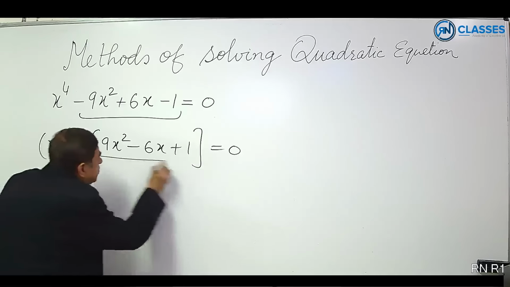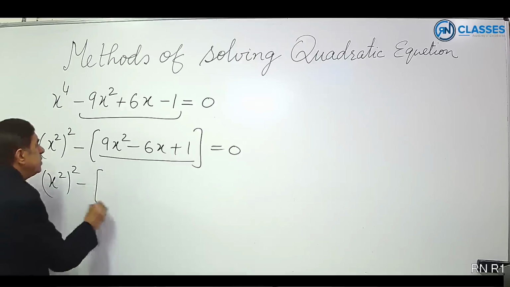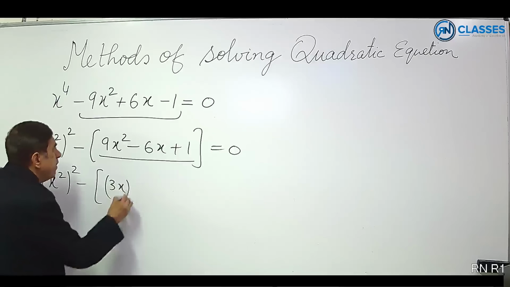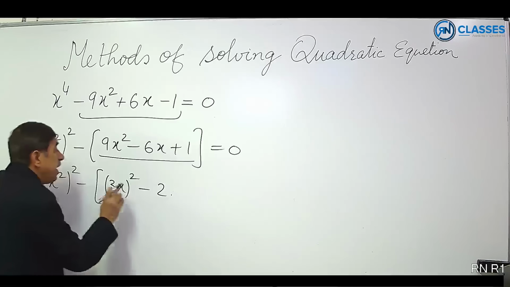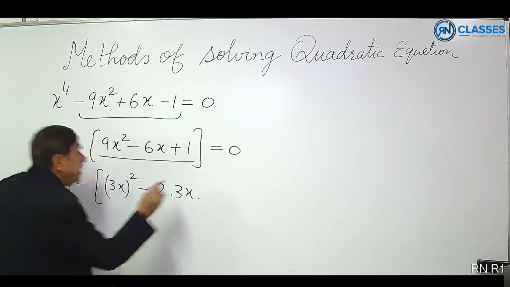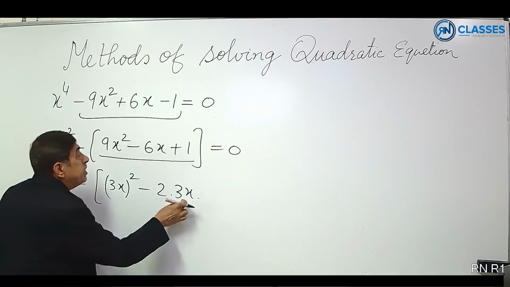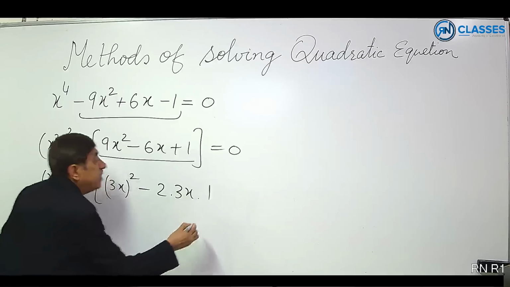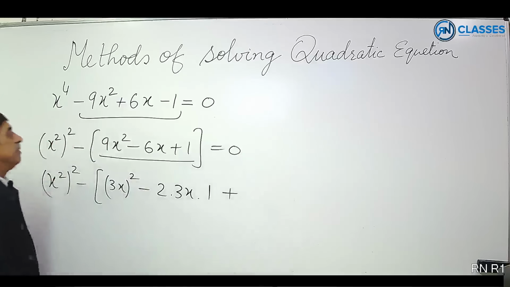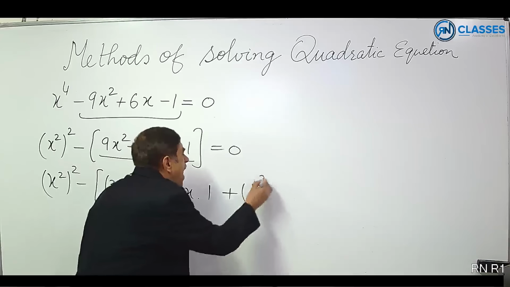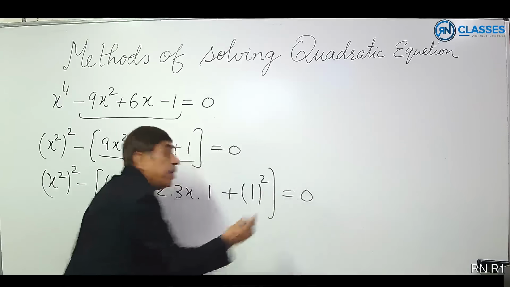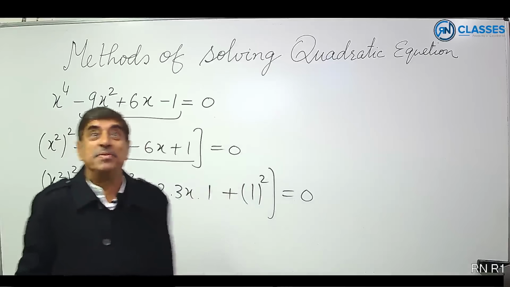Can you complete this square? Yes. This is 3x square. Again minus 2 into a, 3x, into b. Think about b. 2 into 3, 6x. Here it is 6x, so 1. What have you added? It's already there, 1 square. I can write 1 as 1 square. So we haven't added or subtracted anything.